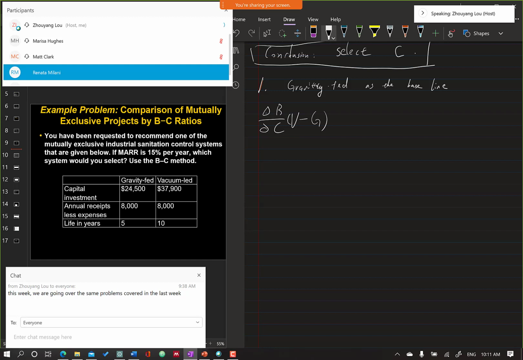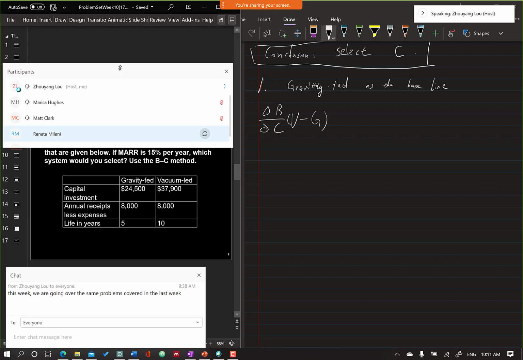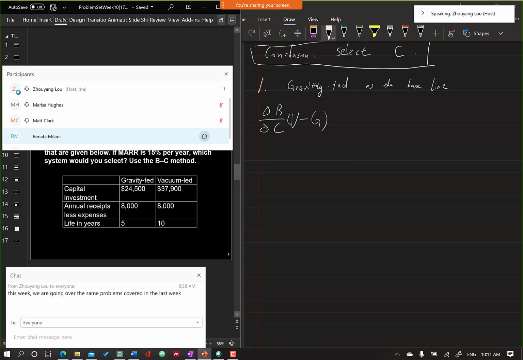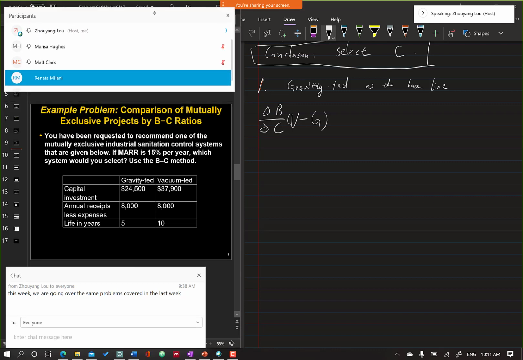So from the chart, let me get some notations. I want to draw so you can see that. Okay, it doesn't allow me to do anything there, but I think you can see my cursor.